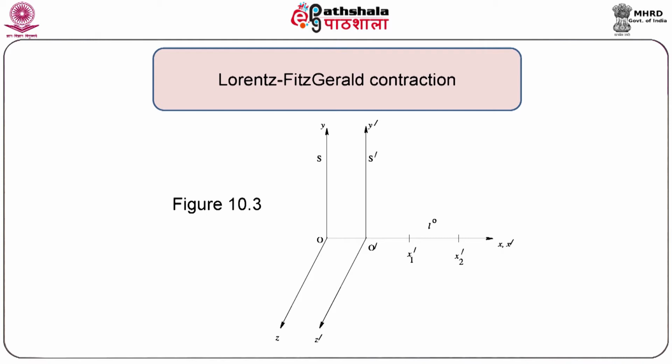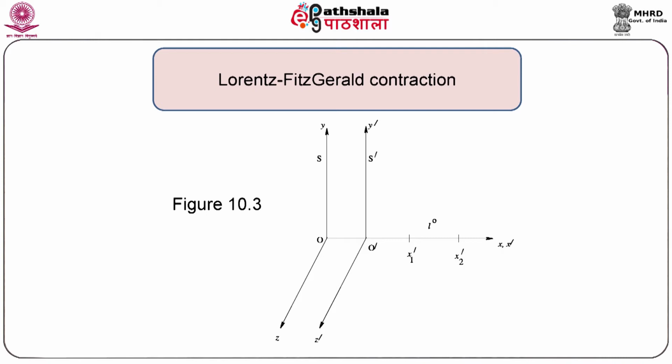OY and O dash Y dash are parallel to each other. Similarly, OZ and O dash Z dash are parallel to each other. Note that here we have chosen a special type of coordinate axis. A rod has been kept on O dash X dash axis or parallel to this axis.